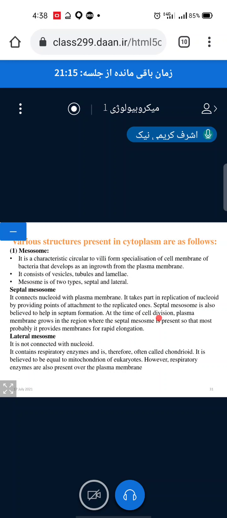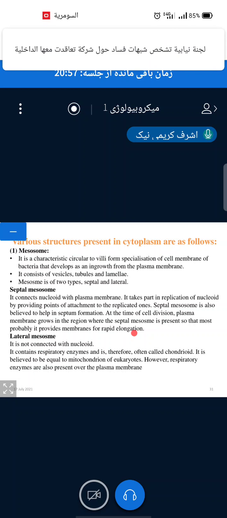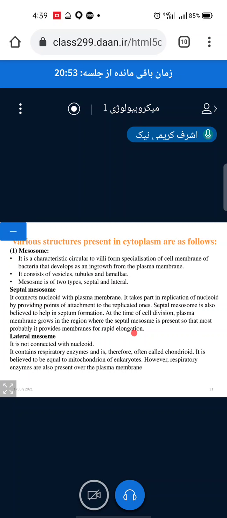At the time of cell division, the plasma membrane grows in the region where the septal mesosome is present, so most probably it provides membranes for rapid elongation. This is the role of septal mesosome in cell division and in replication.